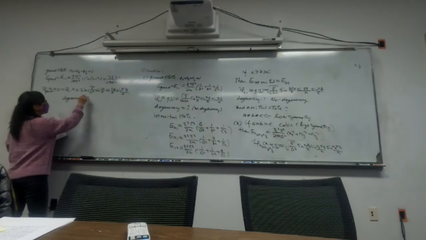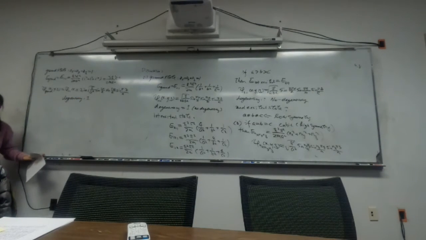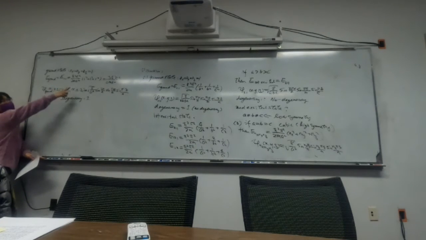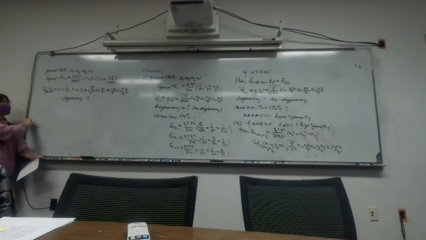Degeneracy: still 1, right? No more states, because the energy has this value only when nx, ny, nz are equal to 1. When we change nx, ny, nz, they change the energy, so that is another state.